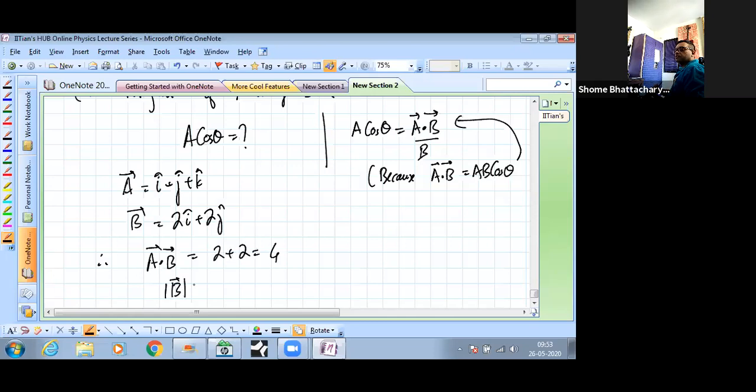It is 2 root 2 or root 8. So therefore, A cos theta is becoming 4 by 2 root 2, or it's becoming root 2.